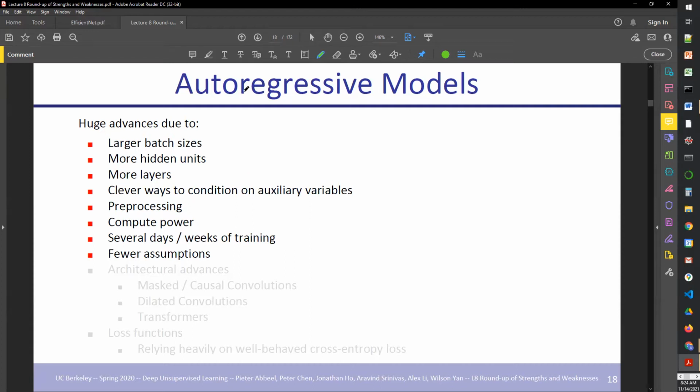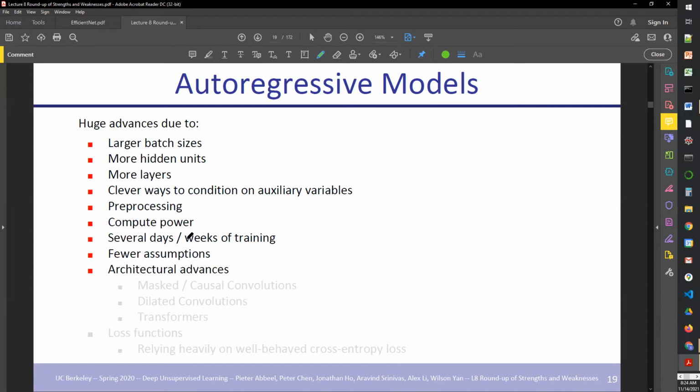So as we make progress in autoregressive models, it's also because over time we have tried to come up with a theory and put into practice what would happen if we make fewer assumptions about the data.